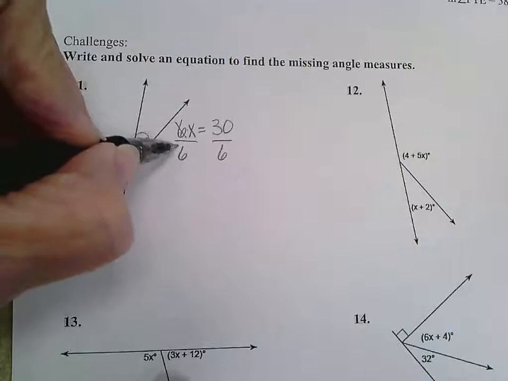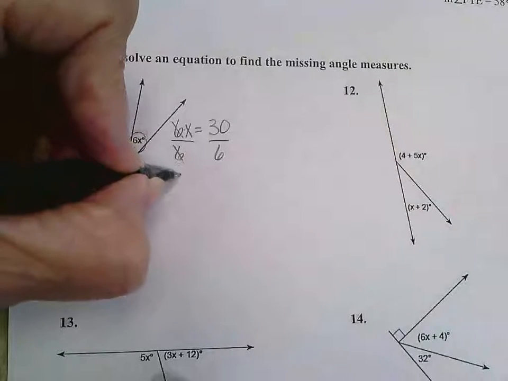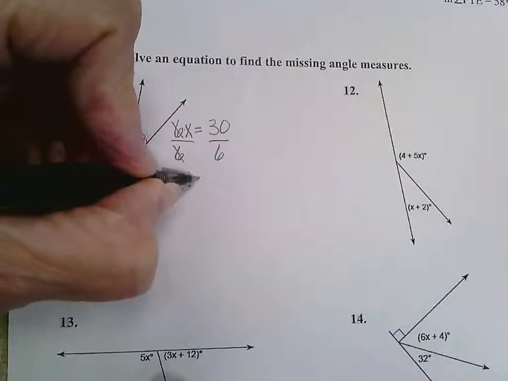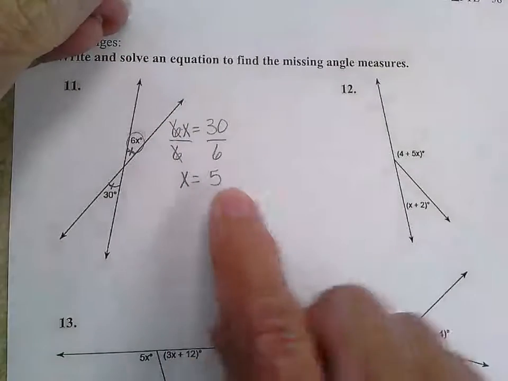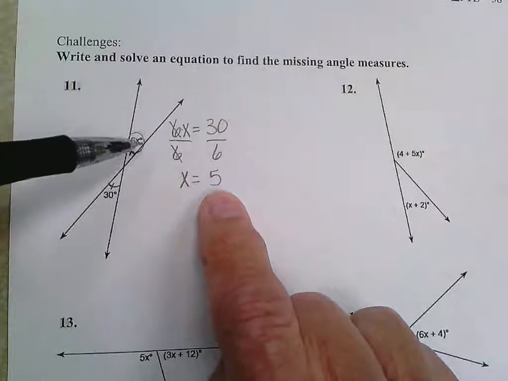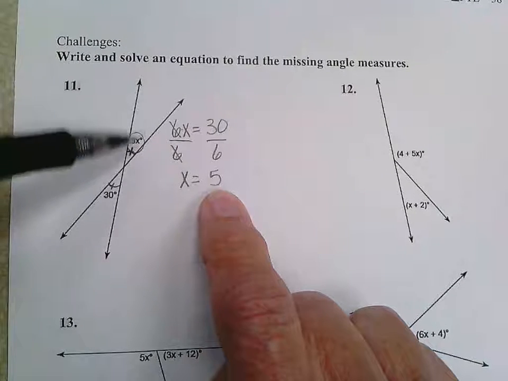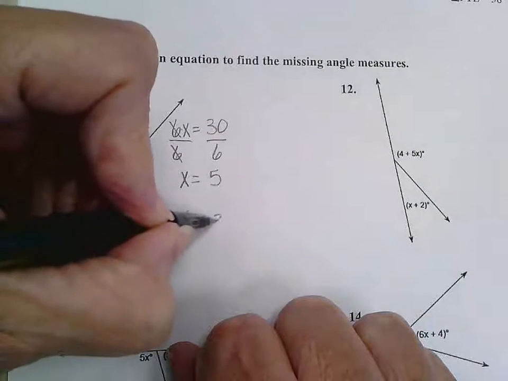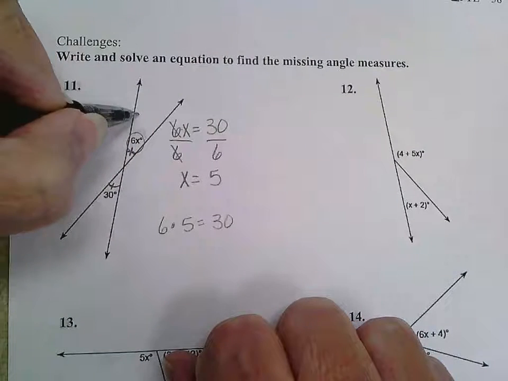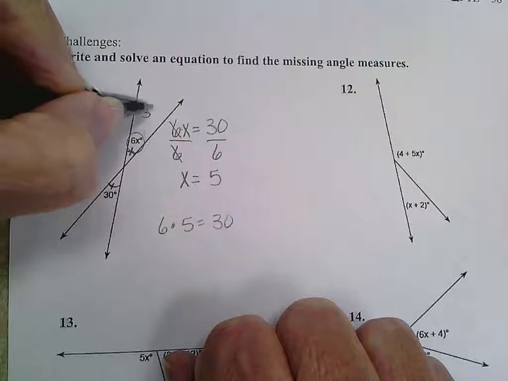So we're going to divide each side by 6, and we're going to get an answer of 5. So that means over here that 6 times 5 does equal 30. So this angle measure is 30.